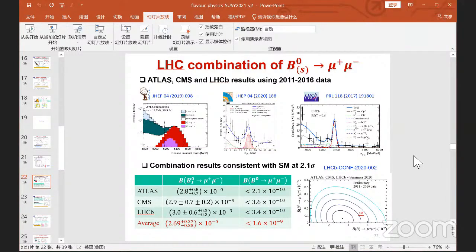Yes. Typically, this is the area where B factories dominate. In the hadronic environment, it's difficult for us to do this kind of inclusive measurement. Therefore, we mainly study exclusive decays at LHC.